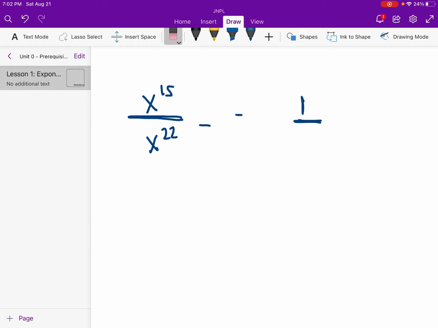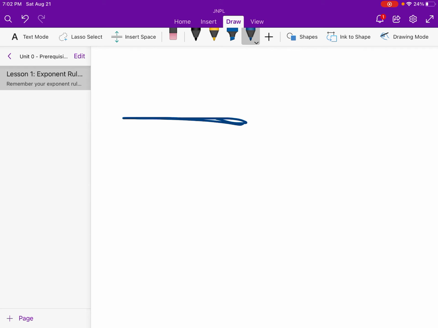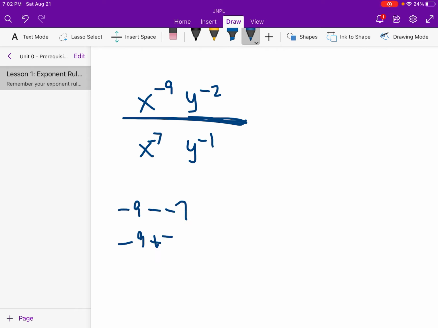And also, when you have a problem like this, I'm just making up things here. What you can do is you could say, well, to simplify, you subtract the exponents, so negative 9 minus negative 7. That can get confusing because that's really this, because two negatives make a positive.